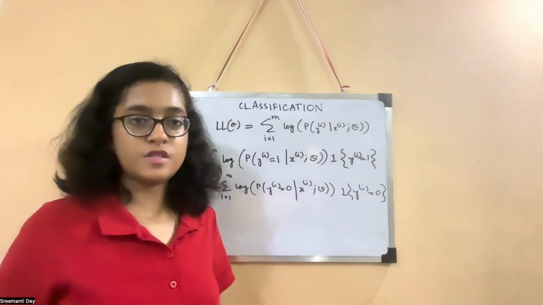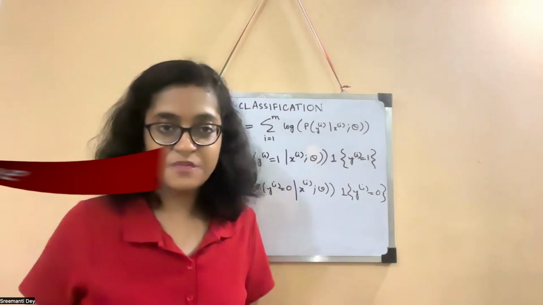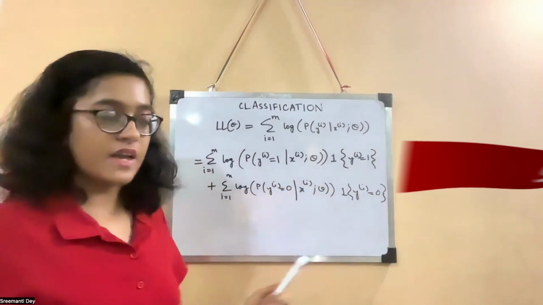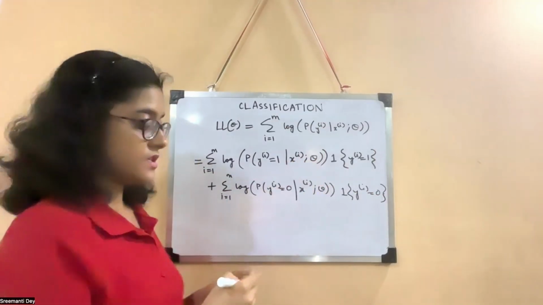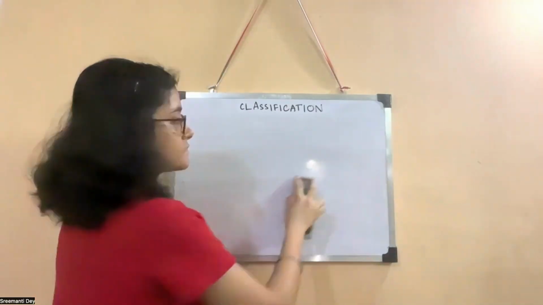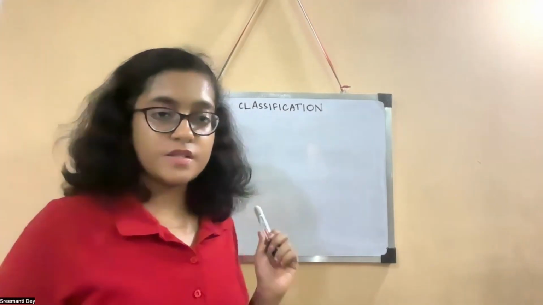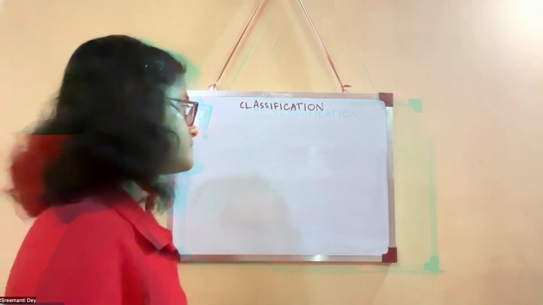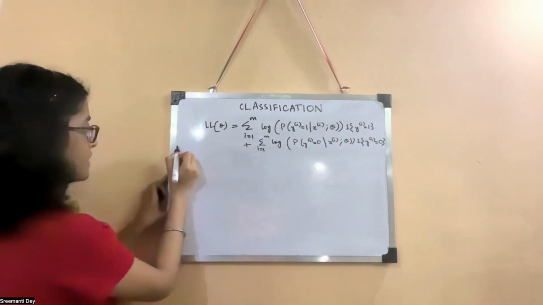Now the work is almost done. I can say it's 95% done. So now what we want to do is just put in this value. We know this value. So let me just clean this up. Okay, so now what we're going to do is do the substitution and then differentiate that and equate it to 0, right? Now we know this one.